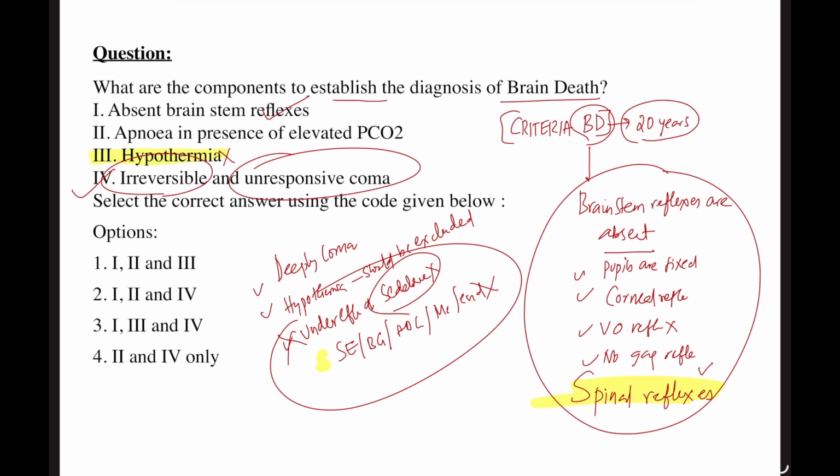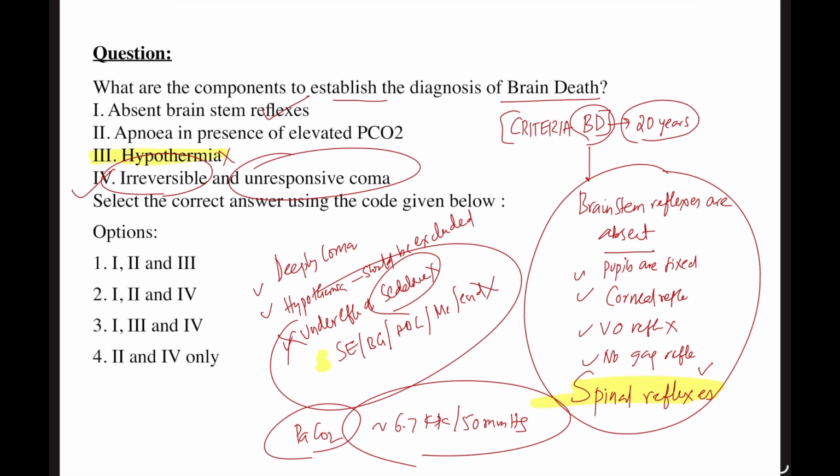Okay. Now the final criteria for diagnosis is there shouldn't be any respiratory movement when patient is disconnected from the ventilator. For that, the PaCO2 should be elevated to 6.7 kilopascals, or 50 mmHg. This is the standard value.